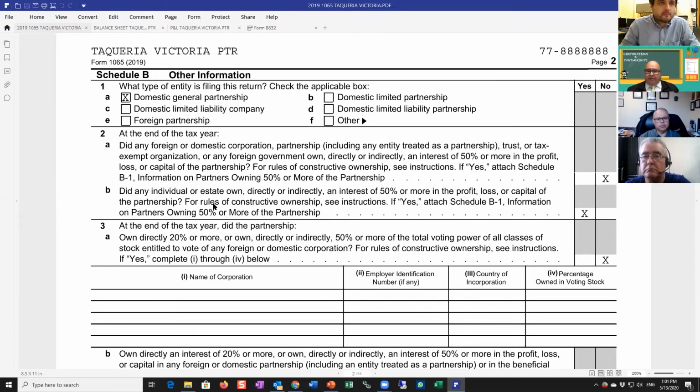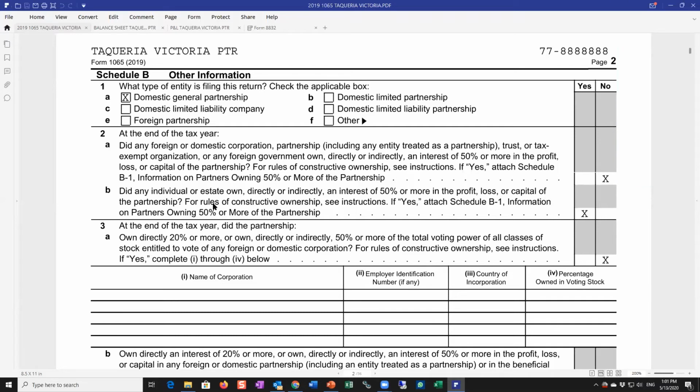Do you have any specific corporations or government entity that owns a part of this partnership, specifically more than 50% of the interest in the partnership? If yes, then you need to attach a Schedule B-1 and go into the details, and we will see the Schedule B-1 eventually. But that will be a yes.